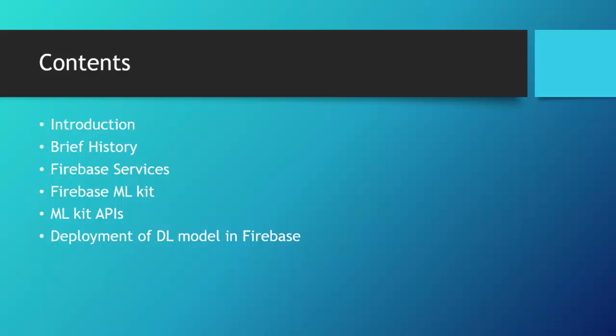Next, these slides focus on the default ML Kit APIs available in Firebase ML Kit, and how to deploy your own DL model in Firebase. As an example, we will give a text recognition system in Firebase.